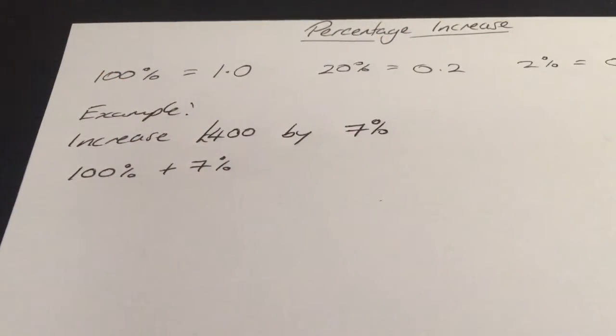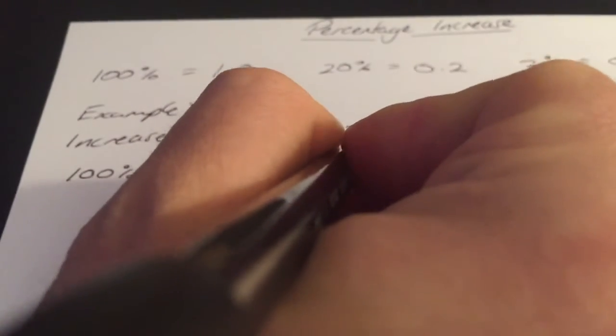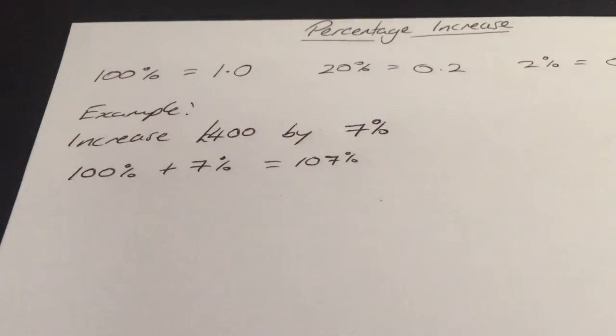So what you'll end up with is 107% of what you started with. Happy? Now, once you've got 107%, you need to turn it into a decimal.